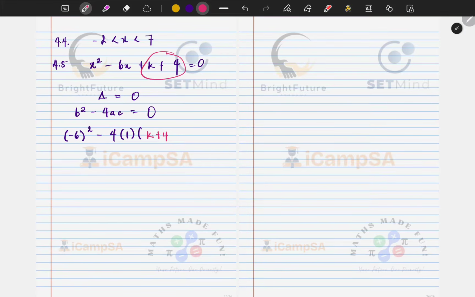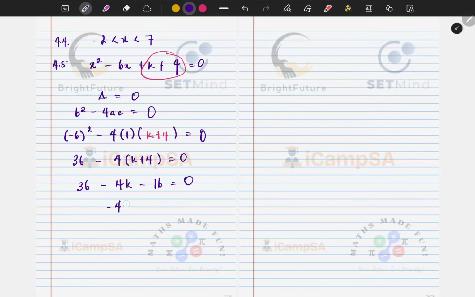As you can see how I wrote it, because I've seen many students making the mistake of only choosing the 4. And then from here you are going to have 36 minus 4 times k plus 4 equals 0, so 36 minus 4k minus 16 equals 0, and then 36 minus 16 gives us 20.